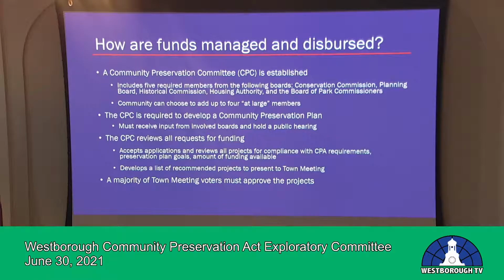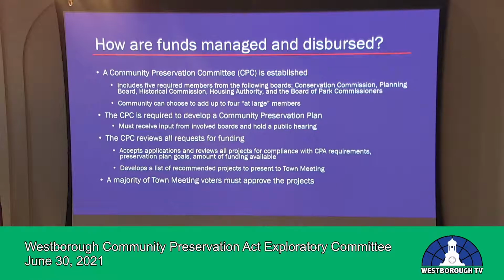The CPC is required to annually produce a community preservation plan with input from the boards on the CPC, as well as a public hearing. And most importantly, the CPC reviews all requests for funding. Usually in communities that have a town meeting form of government, they begin to accept applications in the fall.